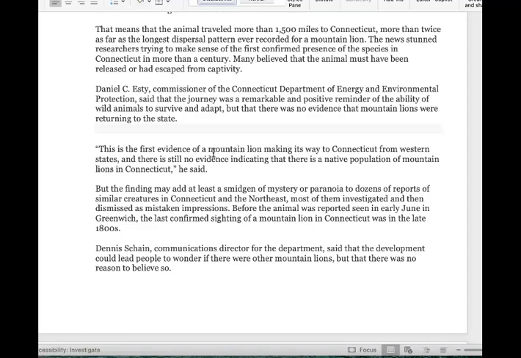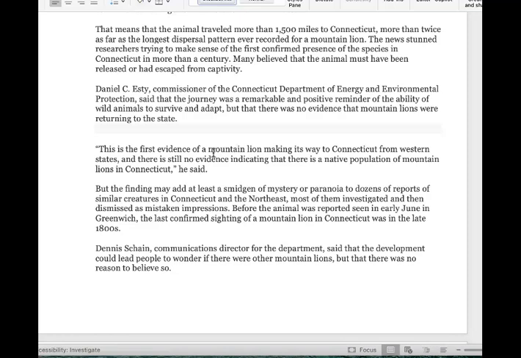The news stunned researchers trying to make sense of this first confirmed presence of the species in Connecticut in more than a century. Many believe that the animal must have been released or escaped from captivity. Daniel C. Esty, Commissioner of Connecticut Department of Energy and Environmental Protection, said the journey was a remarkable and positive reminder of the ability of wild animals to survive and adapt, but that there was no evidence that the mountain lions were returning to the state.